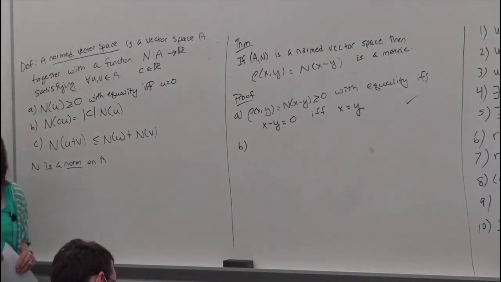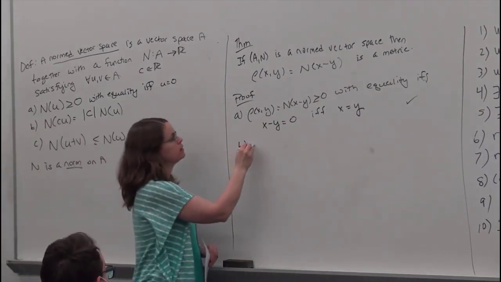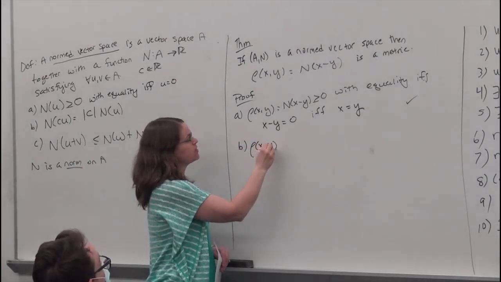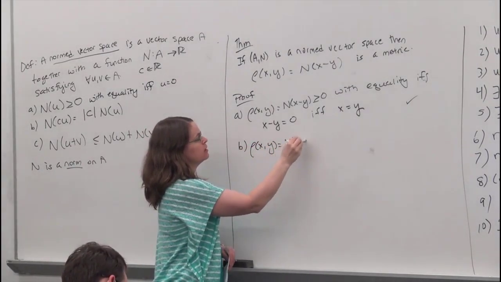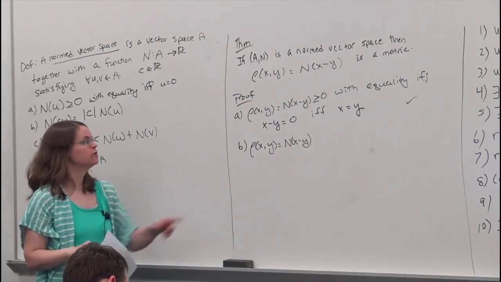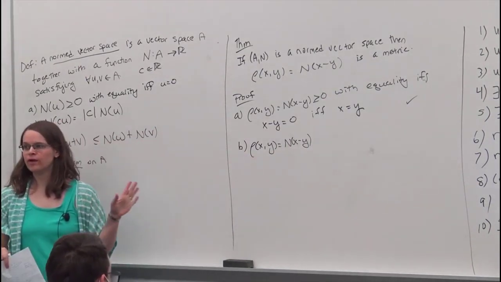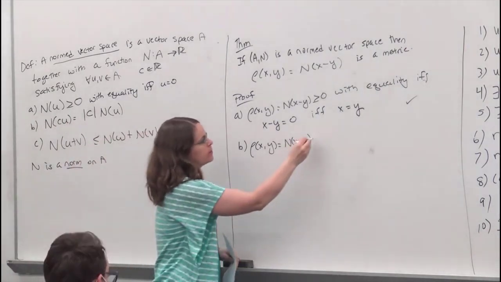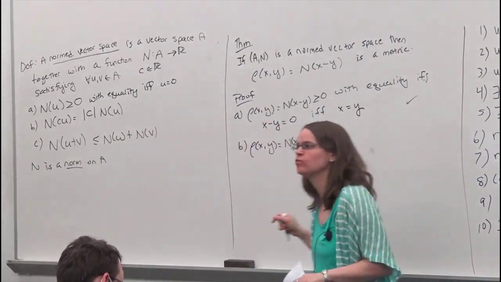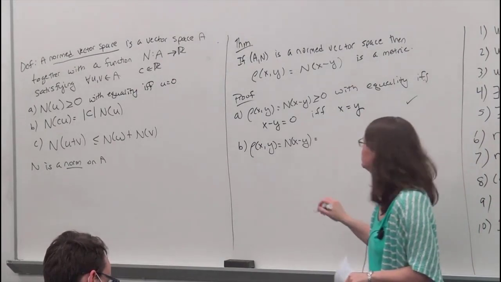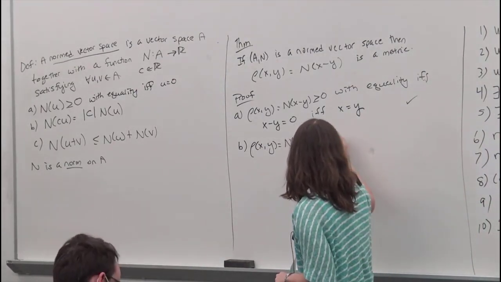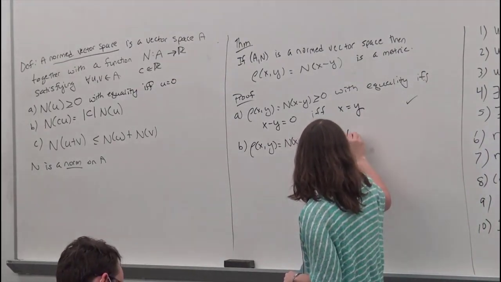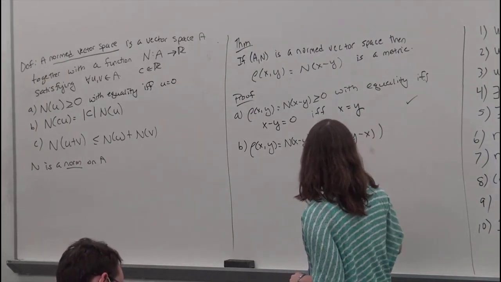We need symmetry. So I want to take this and write this in terms of rho yx. What I really need is the norm of y minus x. Now, y minus x is not the same as x minus y. It's a different vector, of course, but they're not totally unrelated to each other. They're related like this.